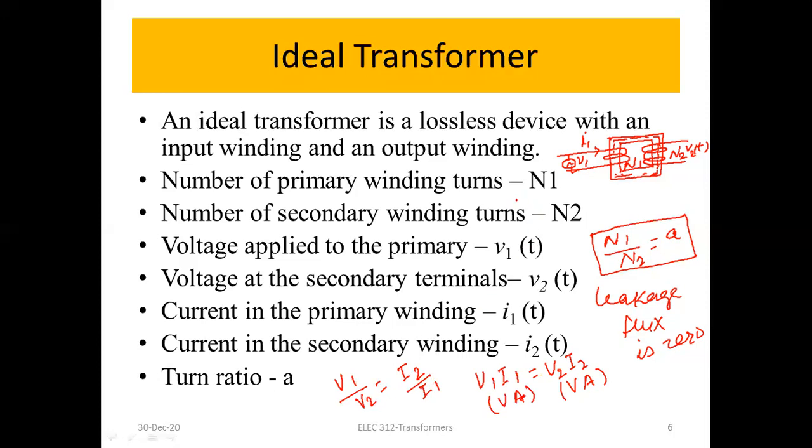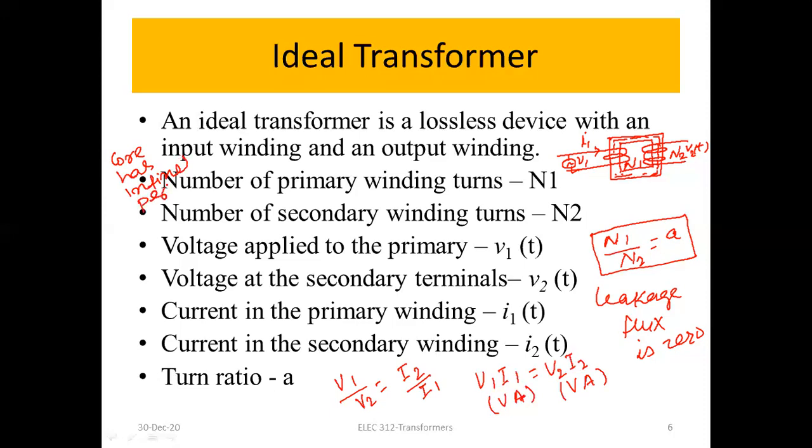In the case of an ideal transformer, the core of the transformer is designed in such a way that it has infinite permeability.